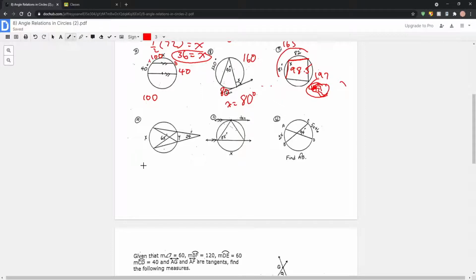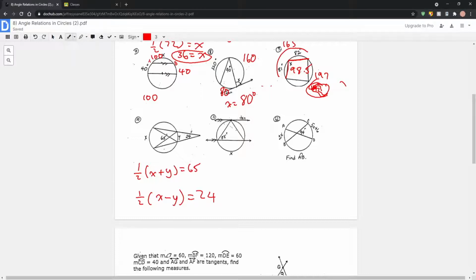So this is going to be half of x plus y is equal to 65, and then half of x minus y is equal to 24.